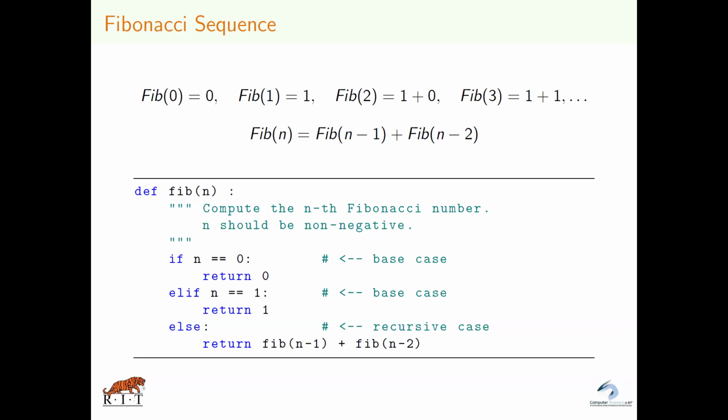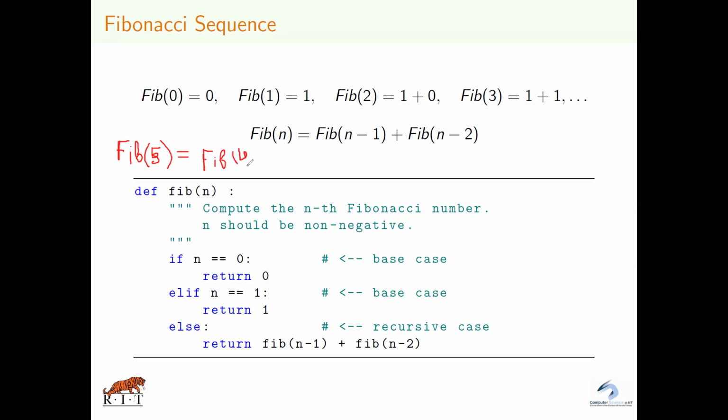Let's just answer the question. What is Fibonacci of 5? To answer this question, we should sum up Fibonacci of 4 and Fibonacci of 3. So it will be Fibonacci of 4 and Fibonacci of 3.